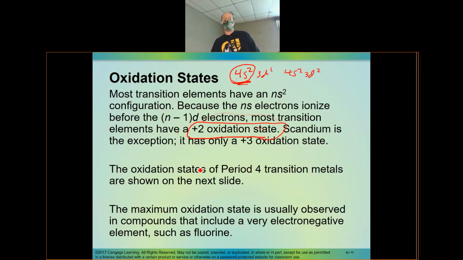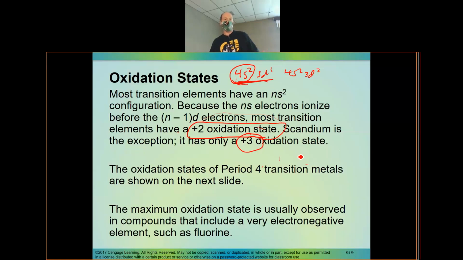You have a +2 oxidation state for all of them except for scandium, which only has a +3 oxidation state. And +3 is also very common, to lose 3 electrons.